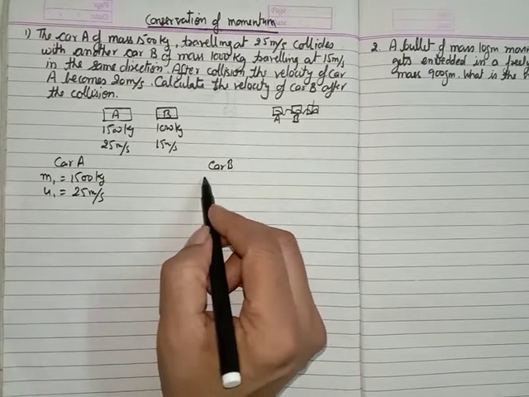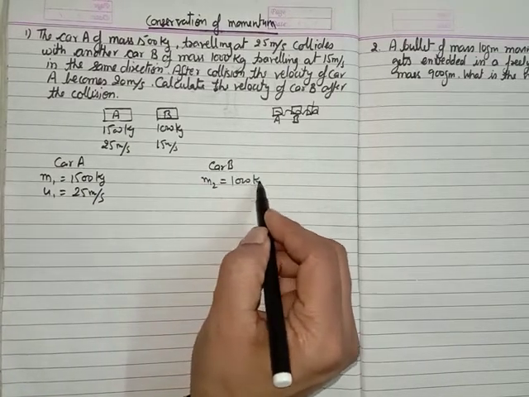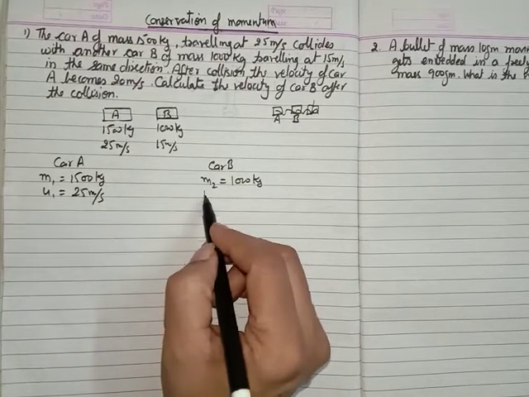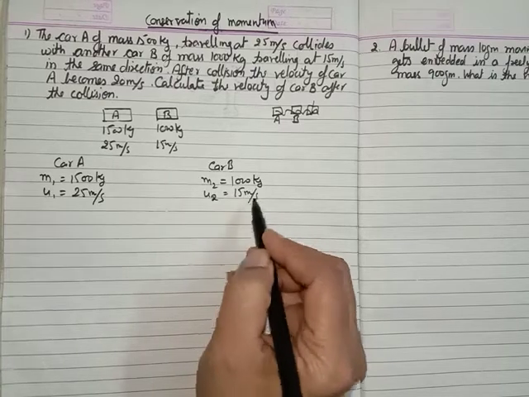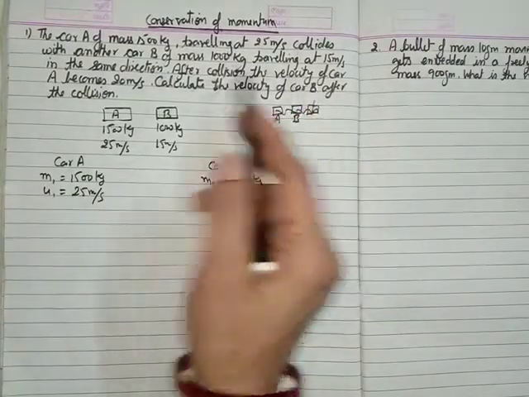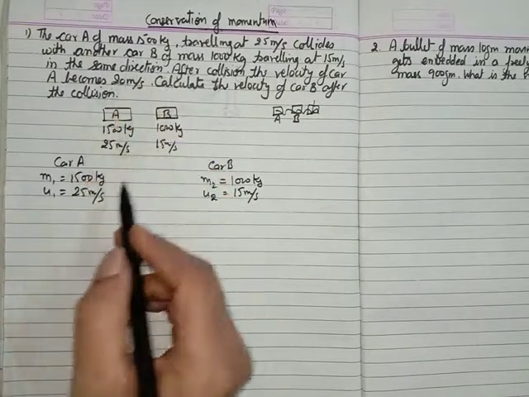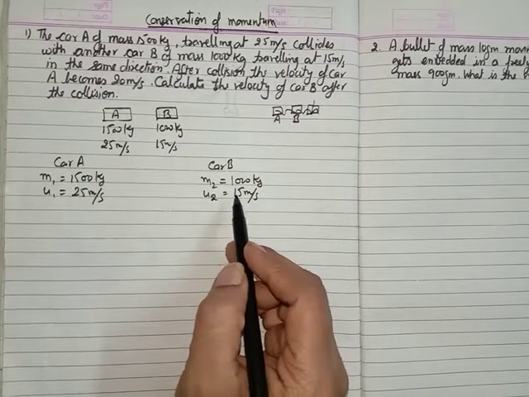For car B, the mass m2 is equal to 1000 kg, and the initial velocity u2 is 15 meters per second. We represent the initial velocity by the symbol u. They are moving in the same direction, so if one is positive, the other also has a positive sign.